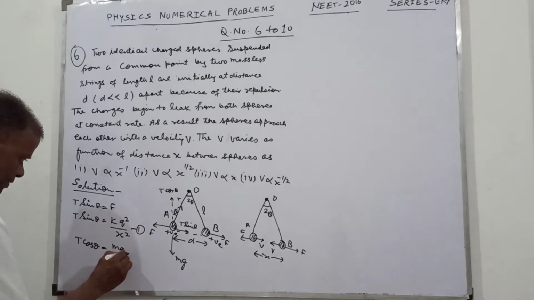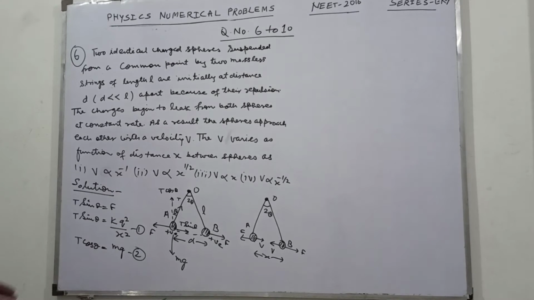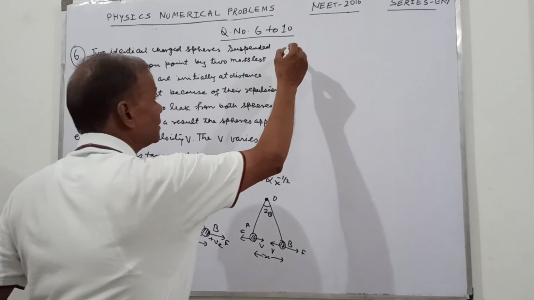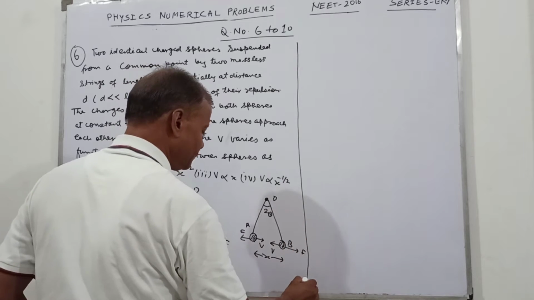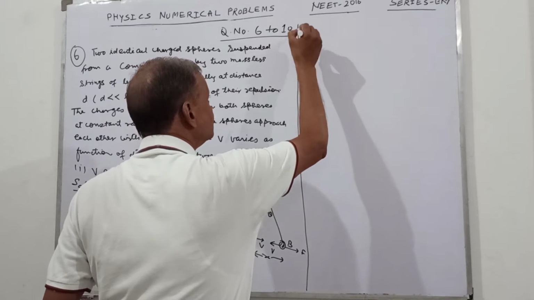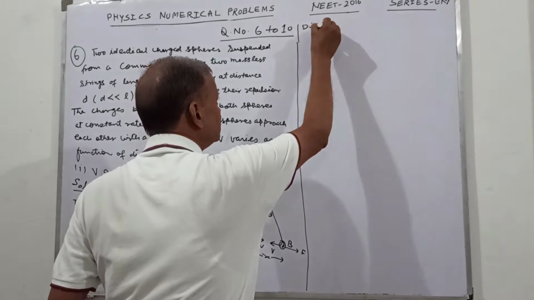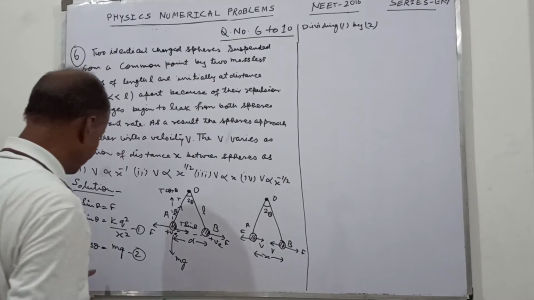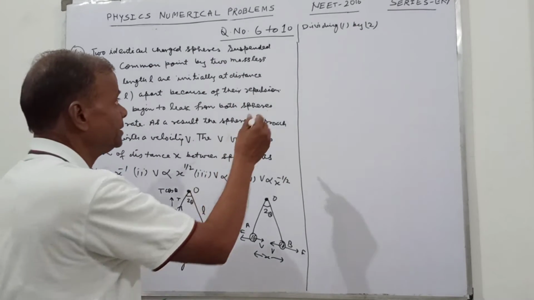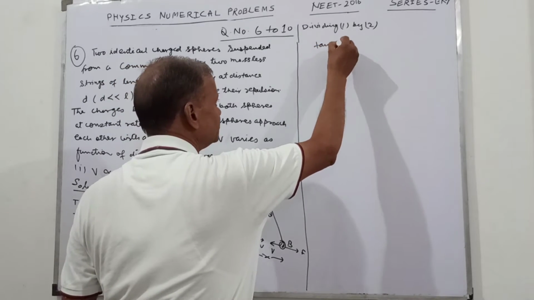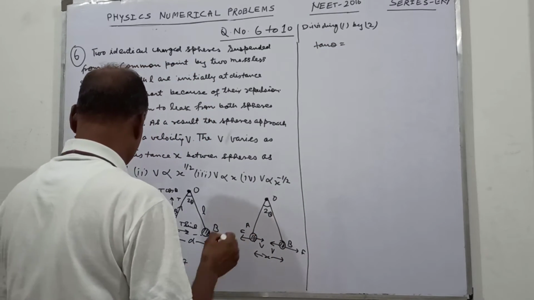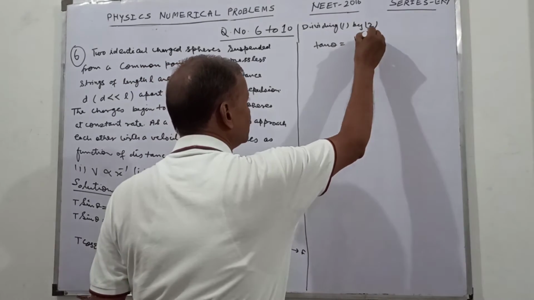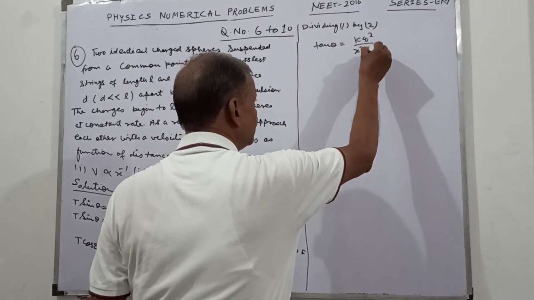Now these are the two equations. We have to eliminate T, so we divide equation number 1 by equation 2. T will cancel, and tan theta equals kq square upon x square into mg.